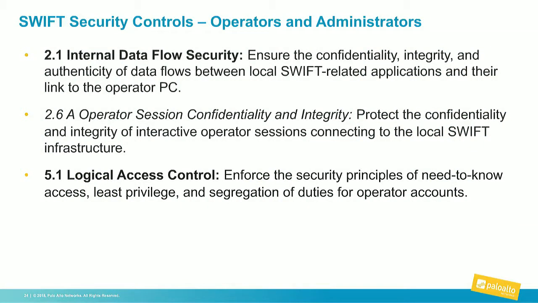All right, so this next set of controls covers the traffic that's generated by the privileged users of the local SWIFT components. Let's take a look at how operator and administrator traffic can be protected in this environment.